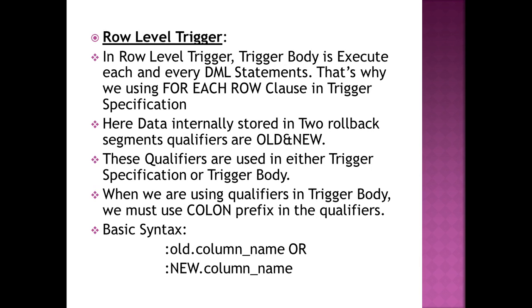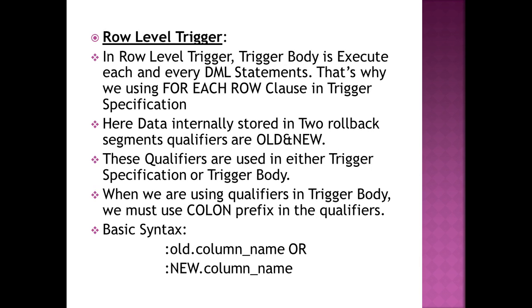Whenever we use qualifiers in the begin block, we must use a colon prefix on the qualifiers. Here I wrote the basic syntax: colon old dot column name, or colon new dot column name. This is the basic syntax whenever you enter new data into a table by using a row level trigger.